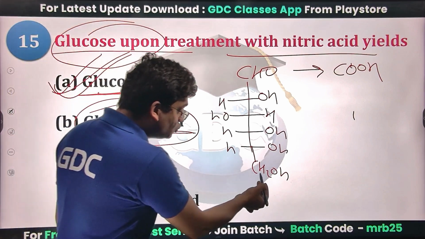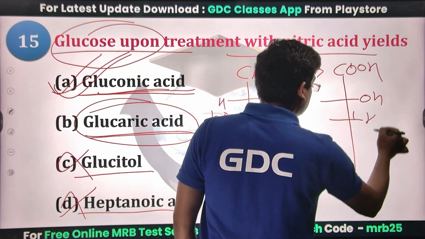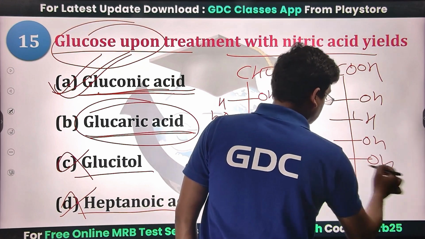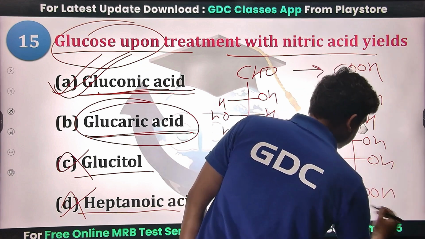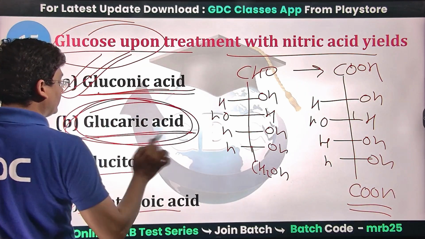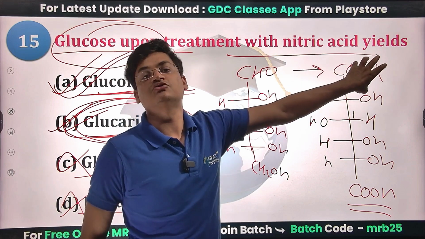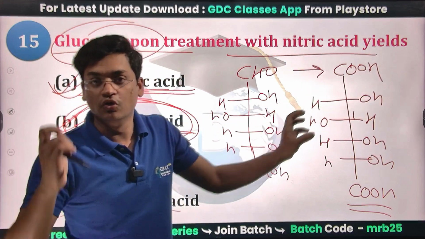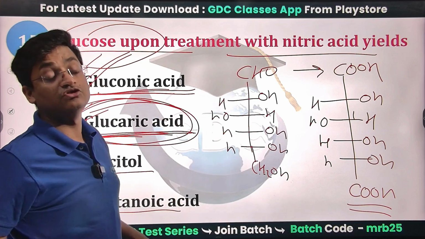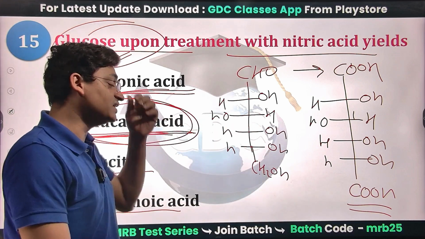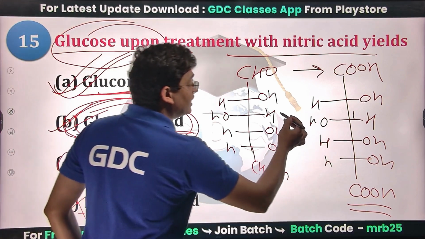And when the CH2OH carbon is also oxidized to an acid, it gives you glucaric acid. So when just the aldehydic carbon is oxidized to the acid, it is gluconic acid, and when both terminal carbons are oxidized to acids, that is glucaric acid. Basically, nitric acid oxidizes both the carbons.